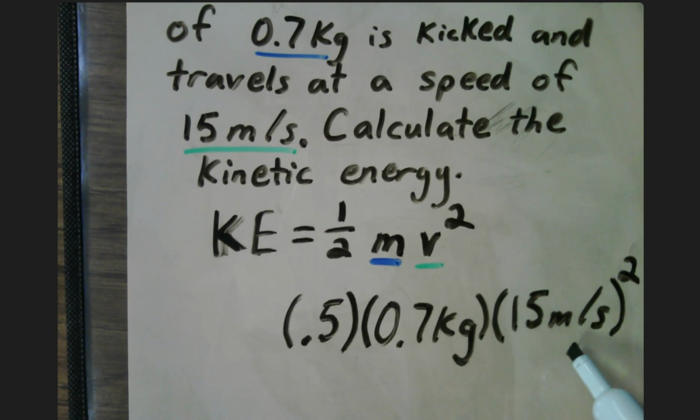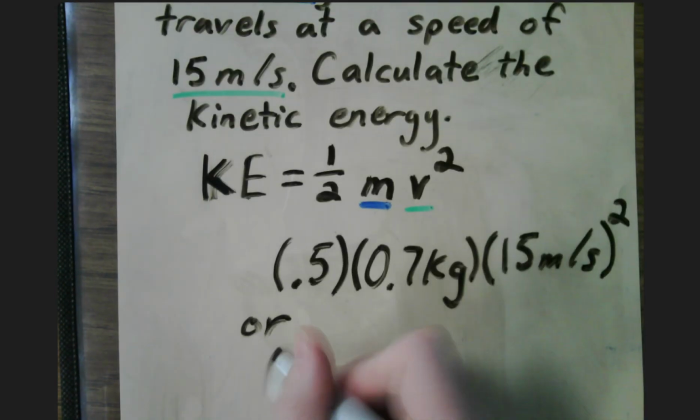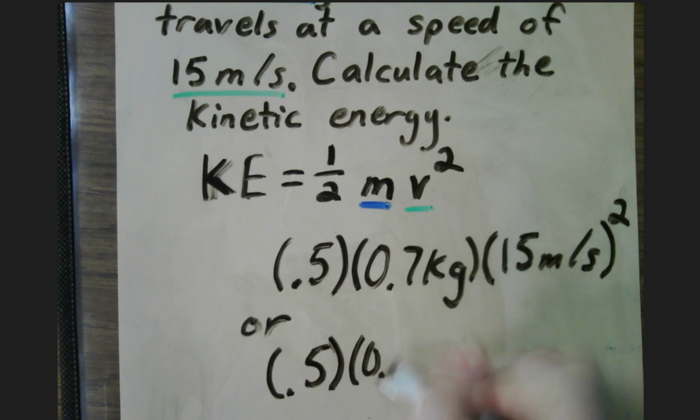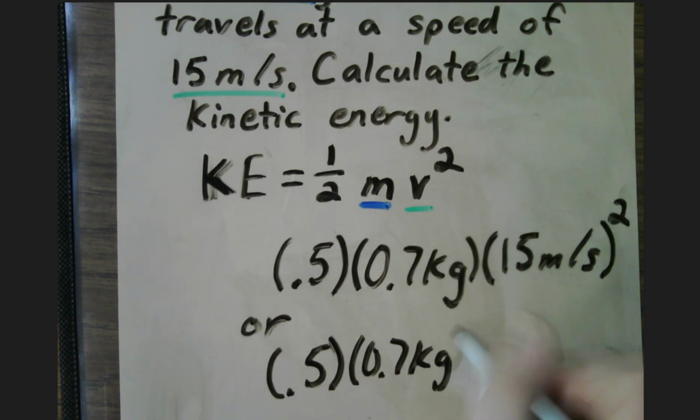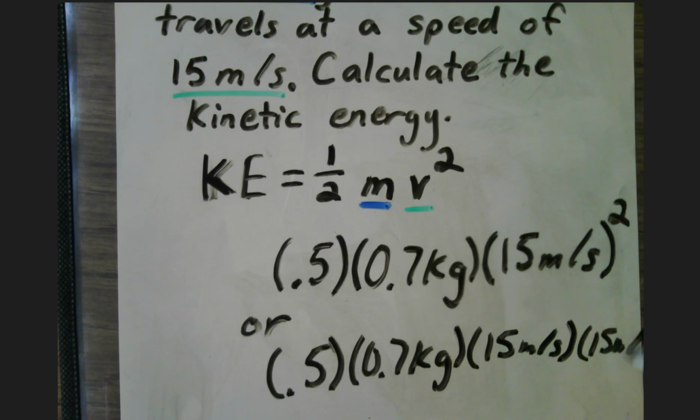So this problem may also look like, you can do this, or you can do this. 0.5 times 0.7 kilograms times 15 meters per second times 15 meters per second.